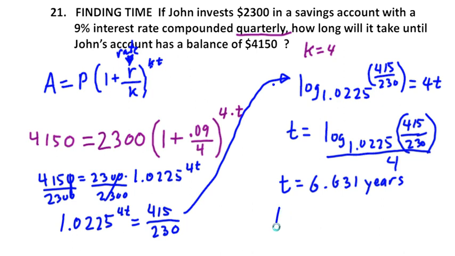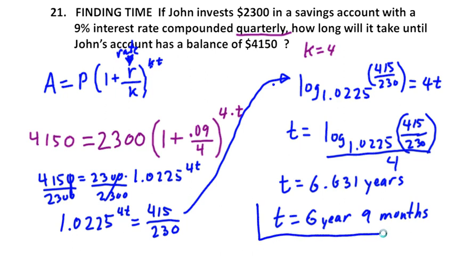So we'd say our time we're going to actually need would be 6 years and then 9 months. And why 9 months? Because to get to that third quarter, we're going to have to wait until 9 months to get our third quarter compounding. So 6 years, 9 months.